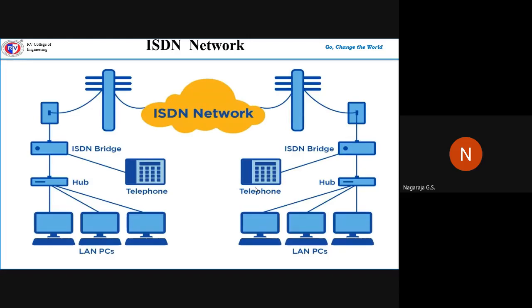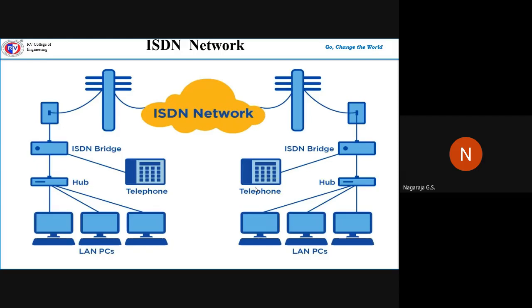You have a LAN network on one side, call it A, and on the other side there is also a LAN network. Let us assume two sides, A and B. Then you may have an ISDN bridge, and sometimes even a router, after connecting all of them into a switch.